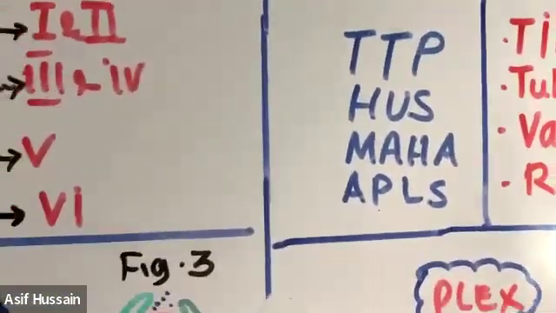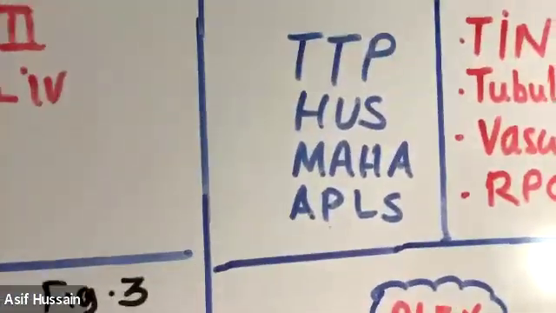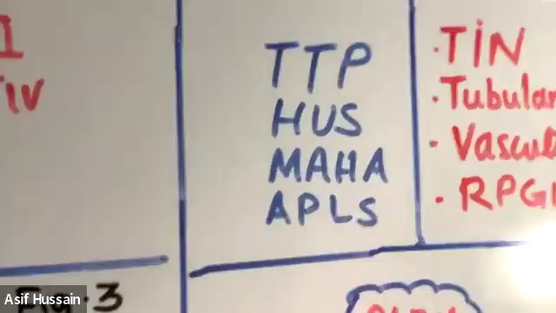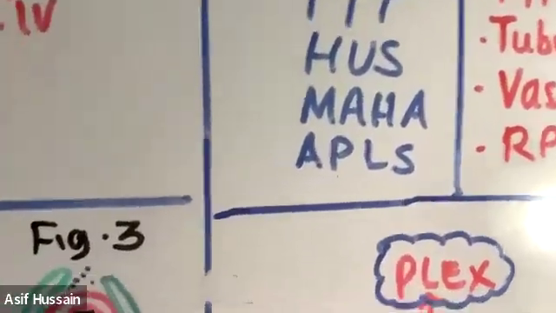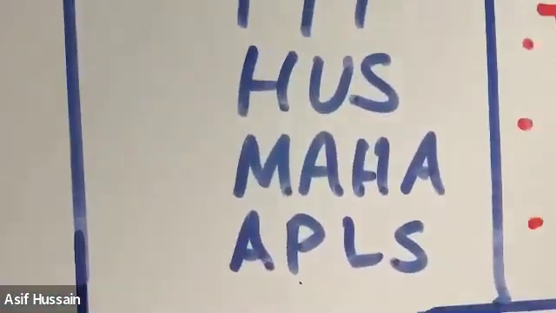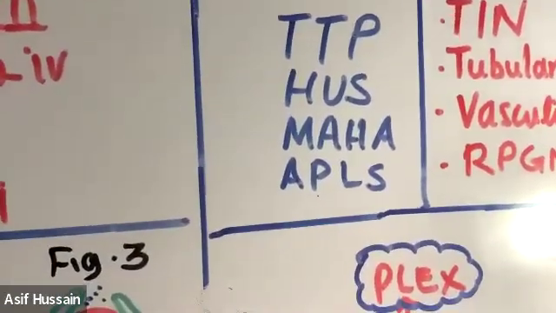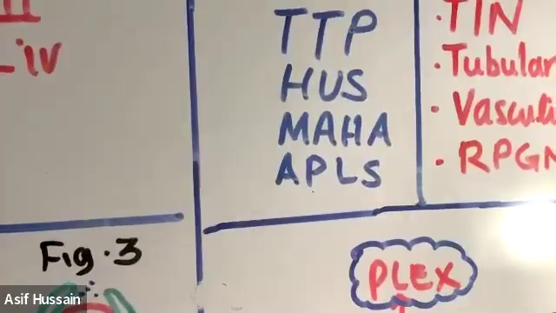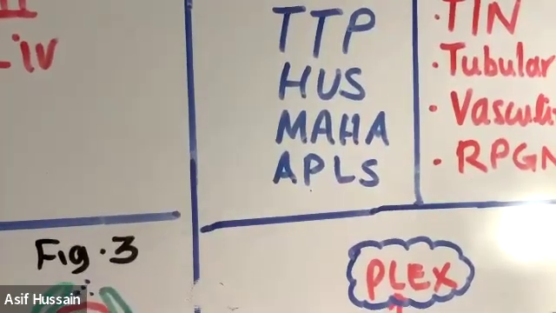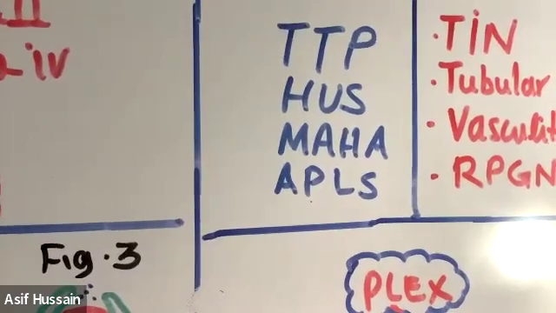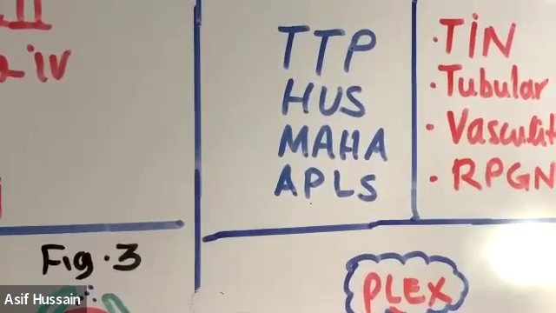If you look at this picture, this is a list of the more common ones. One is SLE-induced thrombotic thrombocytopenic purpura, SLE-induced TTP. Second is SLE-induced hemolytic uremic syndrome, HUS. Third is SLE-induced microangiopathic hemolytic anemia, MAHA. And fourth is SLE-associated antiphospholipid syndrome, making blood clots in the glomerular capillaries.